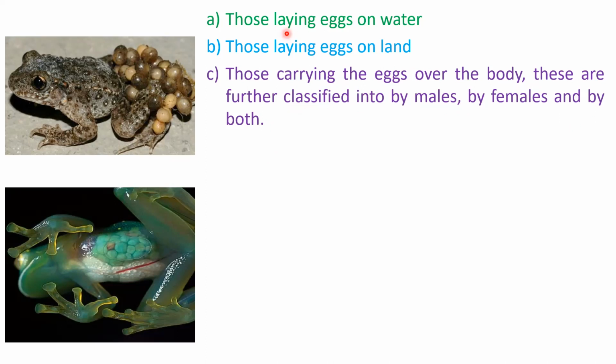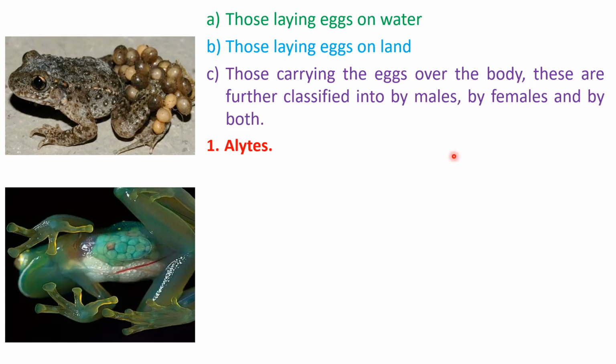The first one, the amphibians which lay the eggs on the surface of water. Amphibians which lay the eggs on the land, and certain species of amphibians carry the eggs on their body. So these are classified, that is either the male frog carries the eggs on their body, or the females, or both carry the eggs on their body.